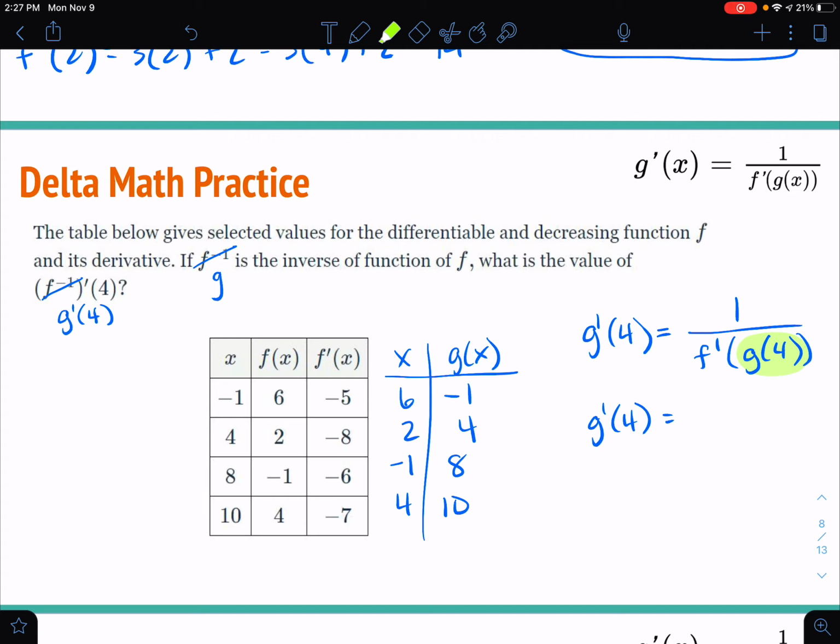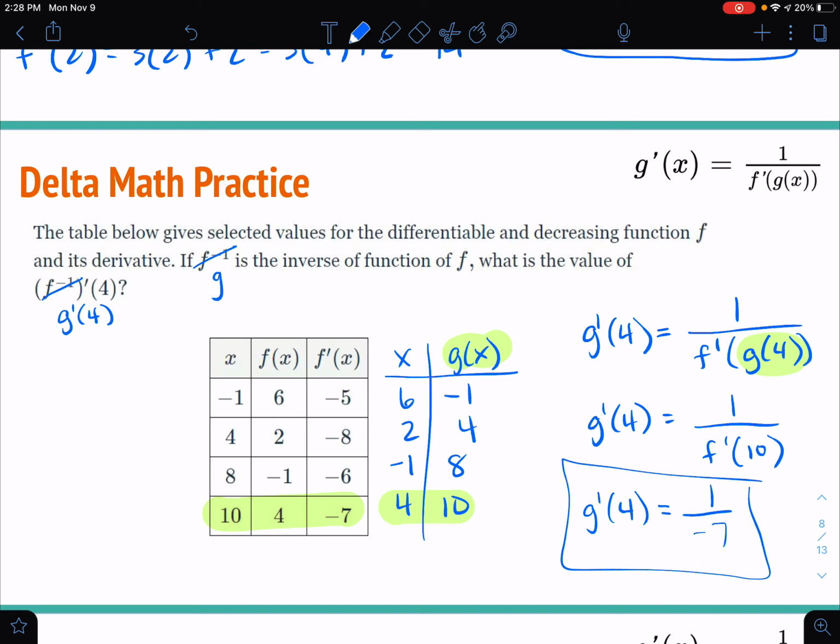If I look at my table, I know g of 4 is going to be 10. So now I have to find 1 over f prime of 10. Well, my table also gives me f prime of 10, which is negative 7. So there you go.